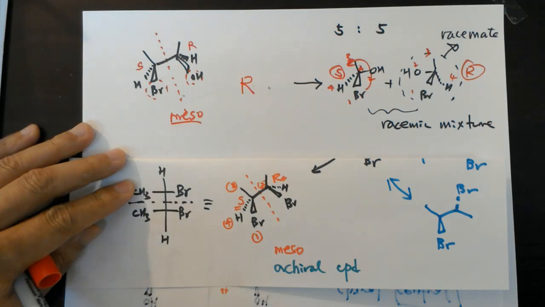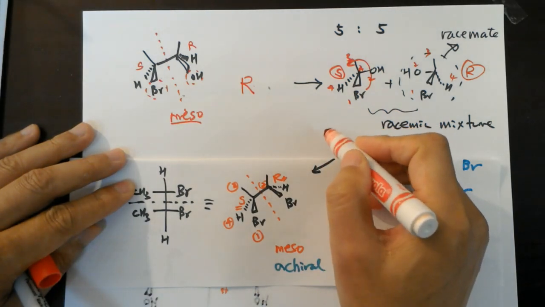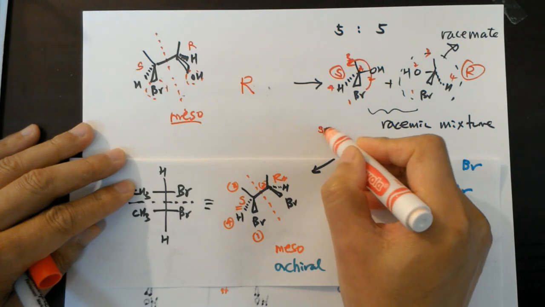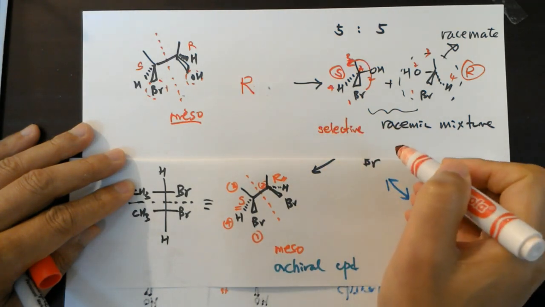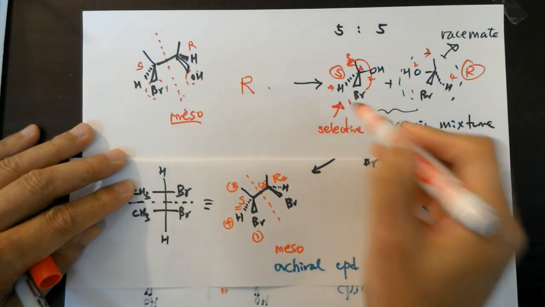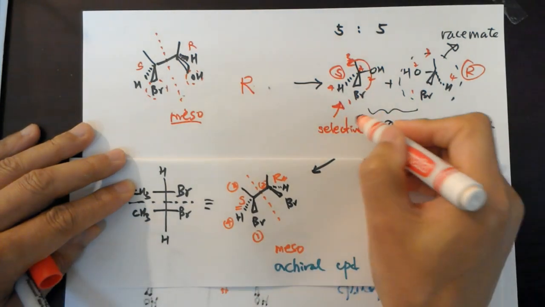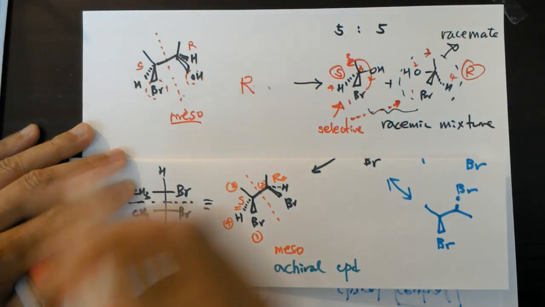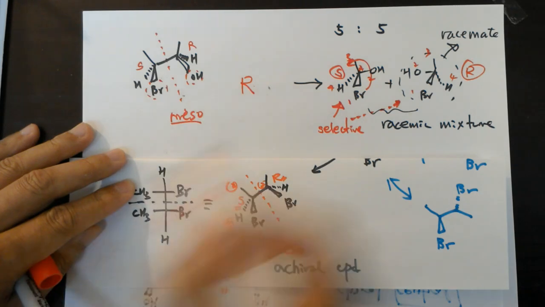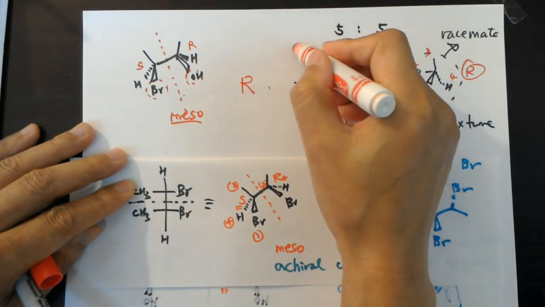If one of them forms more than the other, we say that is stereochemically selective. Selectively make one more than the other. If the reaction gives exclusively only one, then we say stereochemically specific.